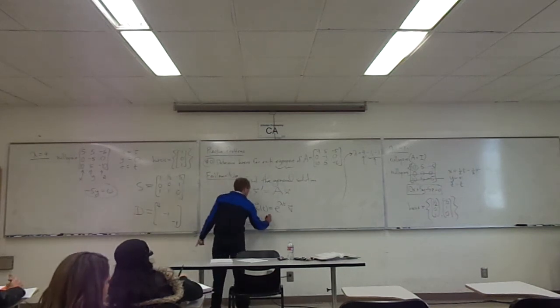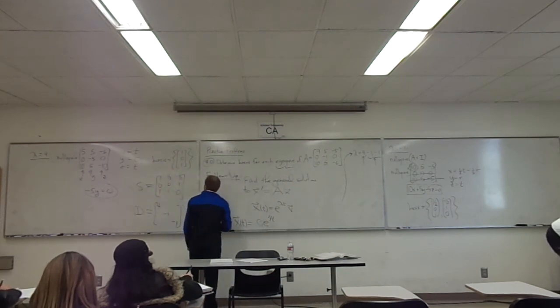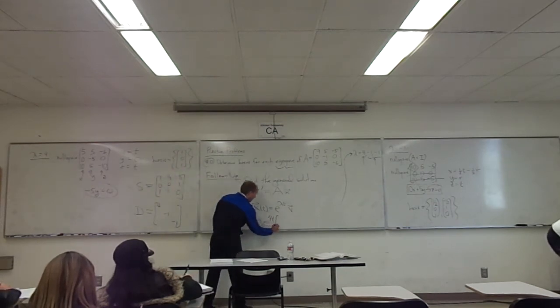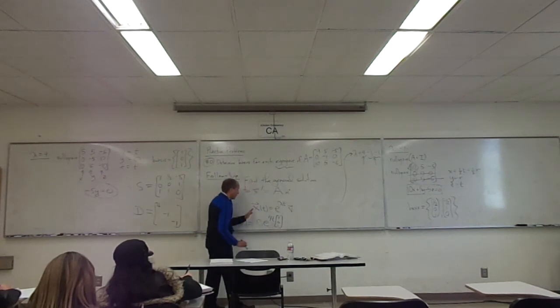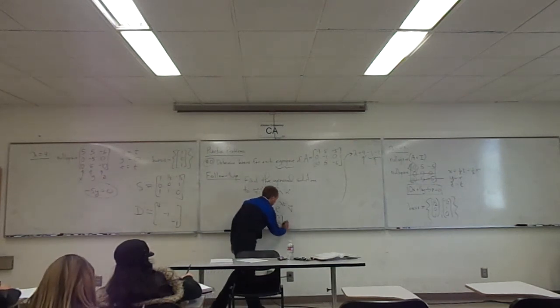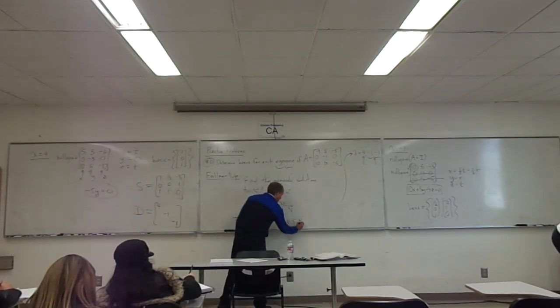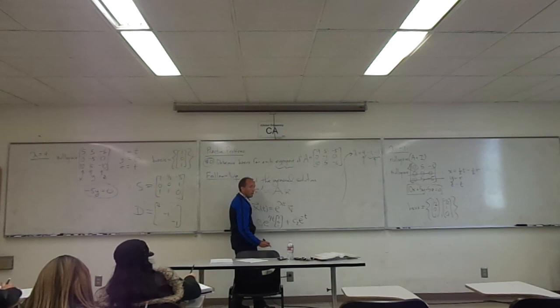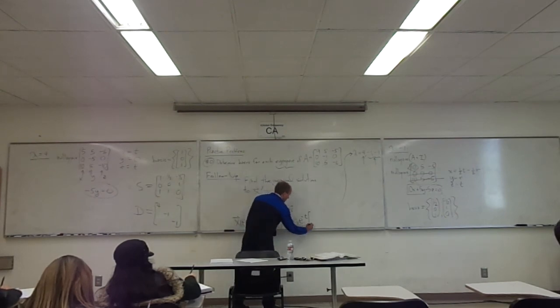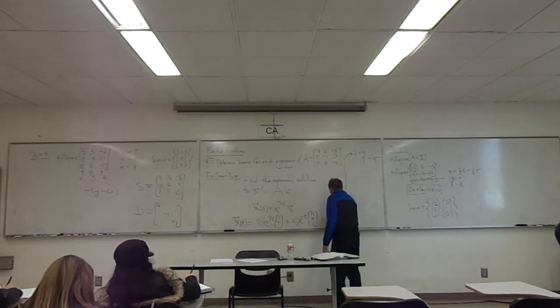E to the 4t, it doesn't matter which one you do first, we'll do e to the 4t times what? 1, 0, 1, very good. So C1 e to the 4t times 1, 0, 1 plus, what's the next term? C2 e to the negative t times? 1/2, 0, and 1. Plus C3.